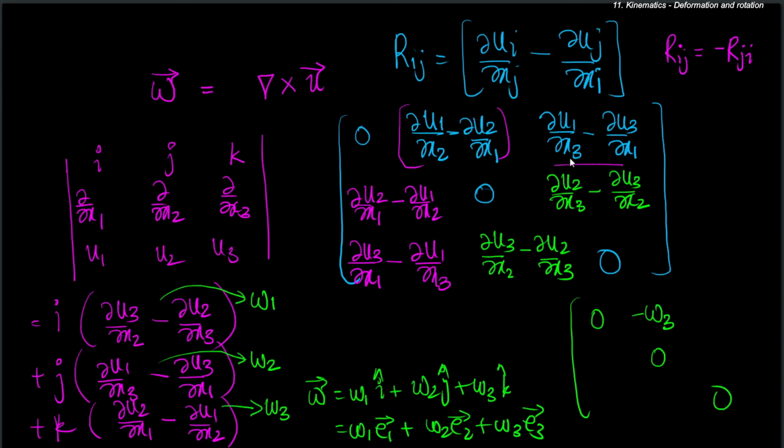Now this term is del u1 del x3 minus del u3 del x1, and this is equal to omega 2. Now this is del u2 del x3 minus del u3 del x2, so this is equal to minus omega 1. Similarly, these quantities will be omega 3, minus omega 2, and omega 1. So there is a relationship between the vorticity of the flow and the rotation tensor, and it is given by this.